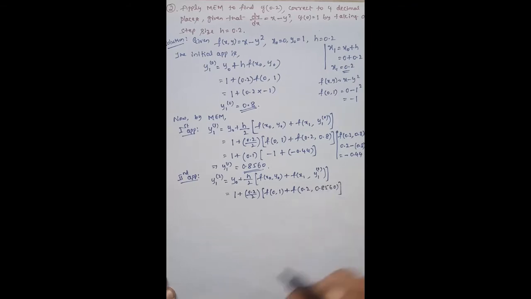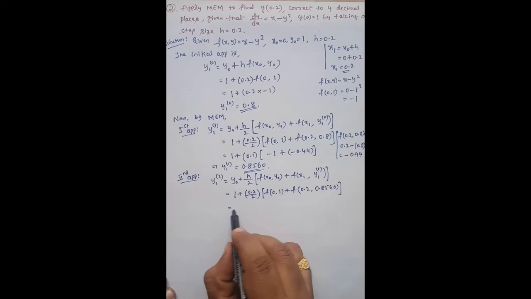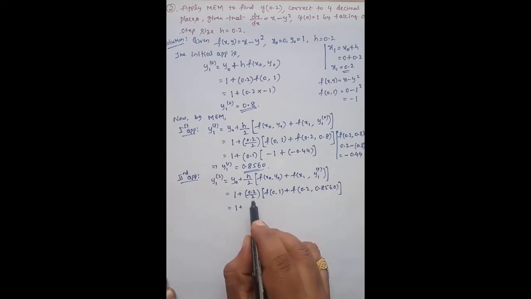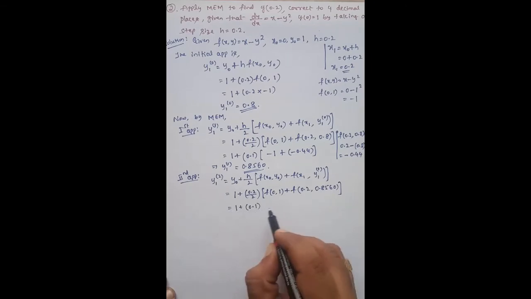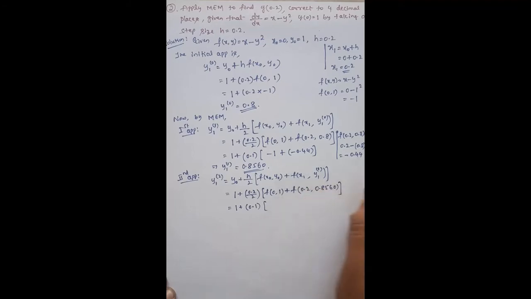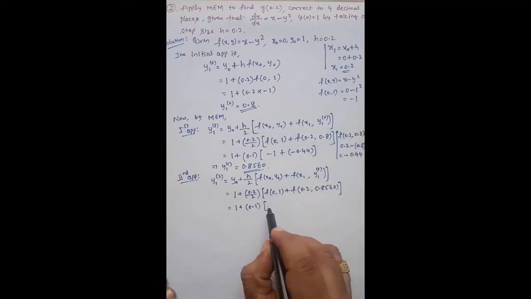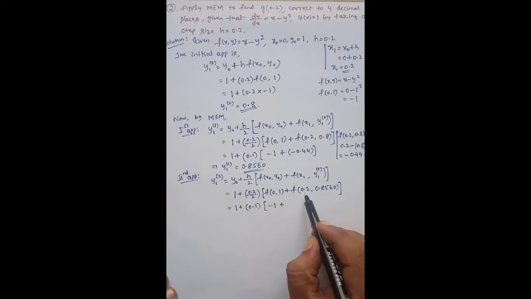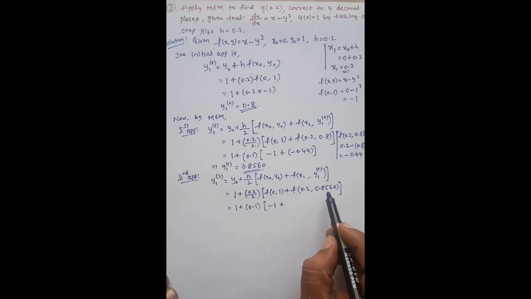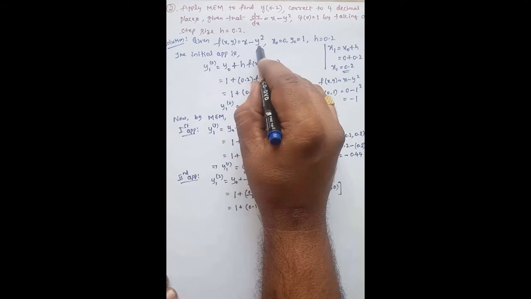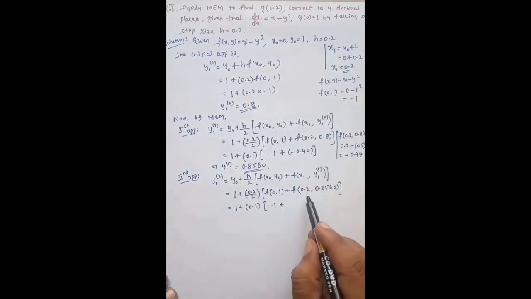0.8560. So this is equal to 1 plus 0.2 by 2, it is 0.1 into this one we have already calculated here, it is minus 1, and plus this we will calculate. See, here what I am going to do is calculate this here itself. This is something like f of x comma y. So f of x comma y is x minus y square. In place of x we have 0.2.